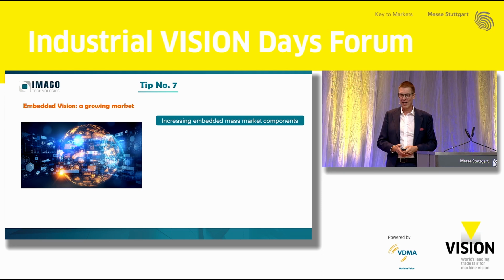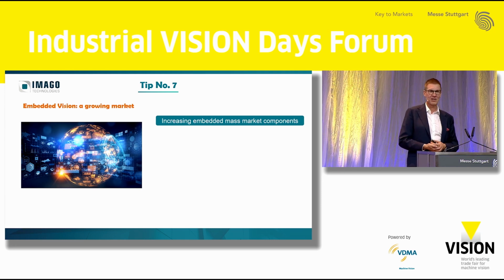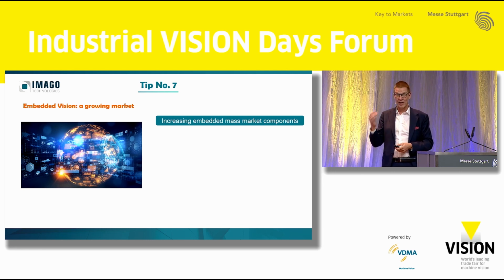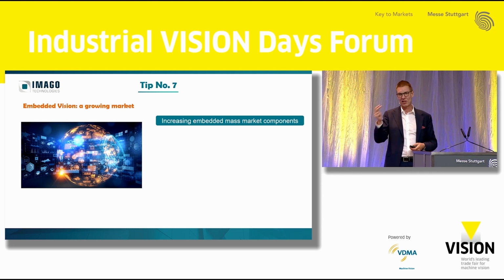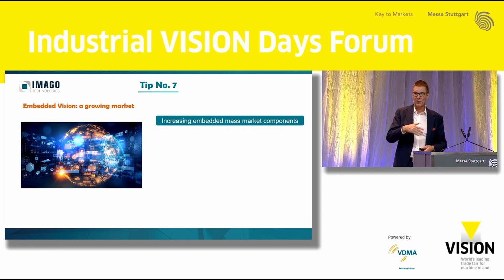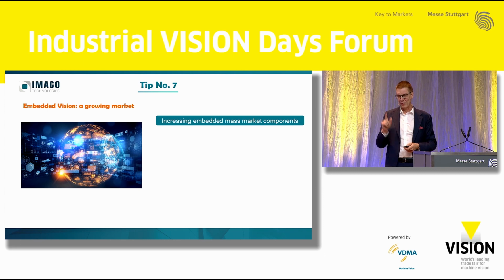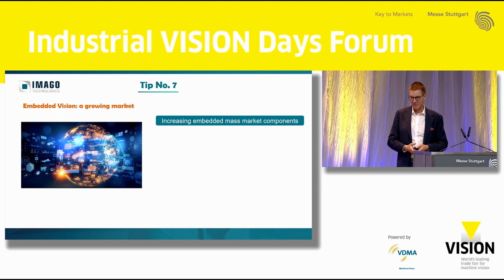We have other mass markets, for instance autonomous driving, 5G, and the Internet of Things. These markets drive the development of CPUs, GPUs, etc. And we have the chance to take these technologies and use them in machine vision. But we have to look into these other mass markets.